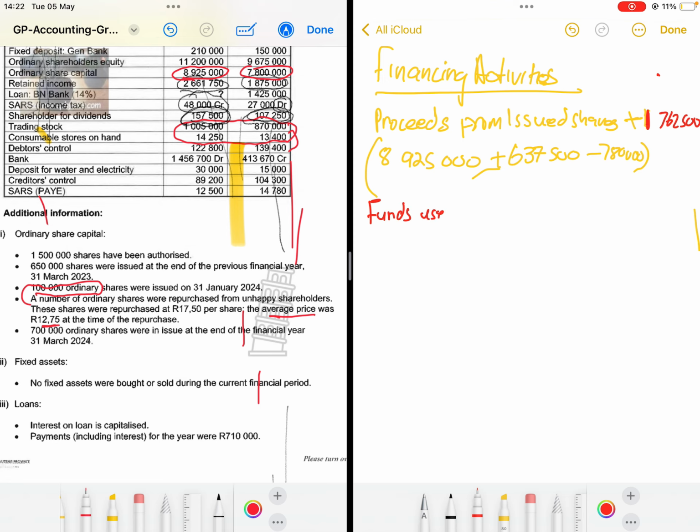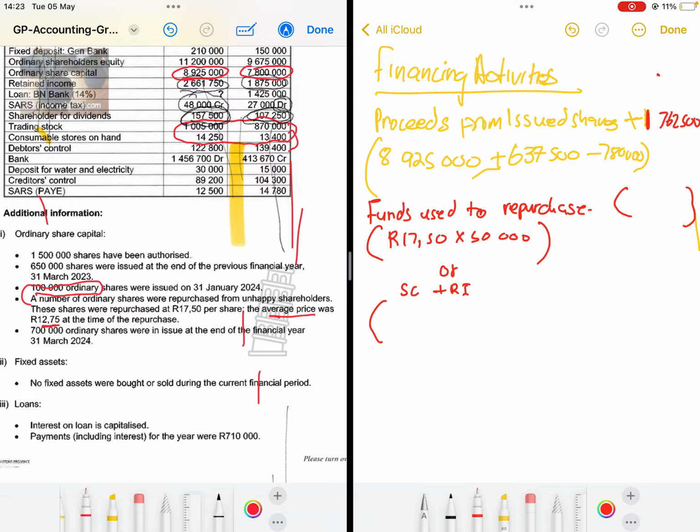Funds used to repurchase. Outflow, we bought back the shares. Here we're going to use the transaction value, the real price we bought back at, which is 17 rand 50. Then we multiply with the shares repurchased of 50,000. Or I can take the share capital at the repurchase and add the retained income at the repurchase.